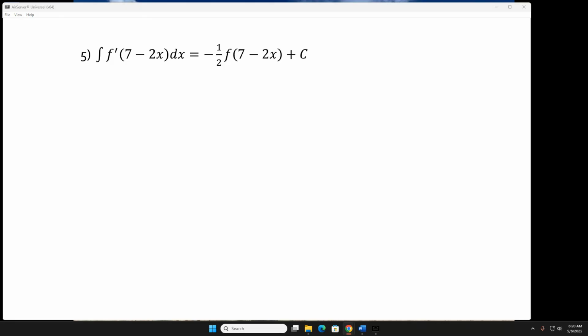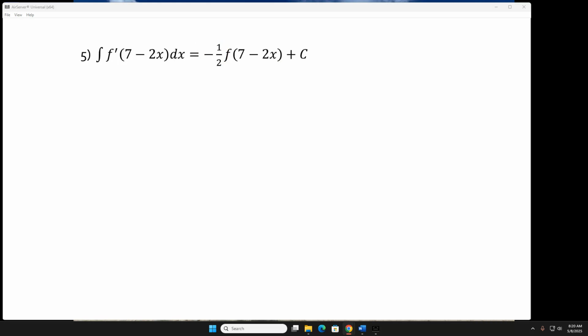Alright, so I'm going to give you a hint. If you don't want it yet, then you can pause the video. But the antiderivative of a derivative of something does just change it back to the regular function. But this one does have this negative 1/2 here.